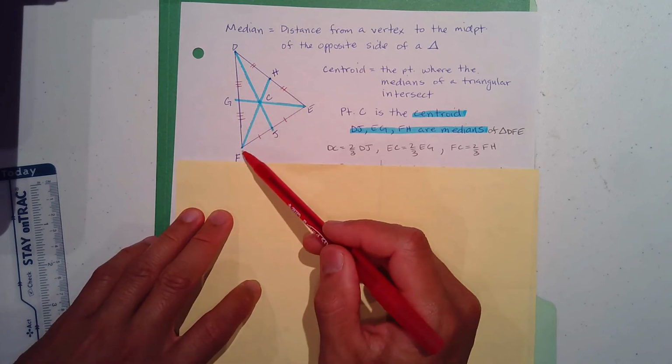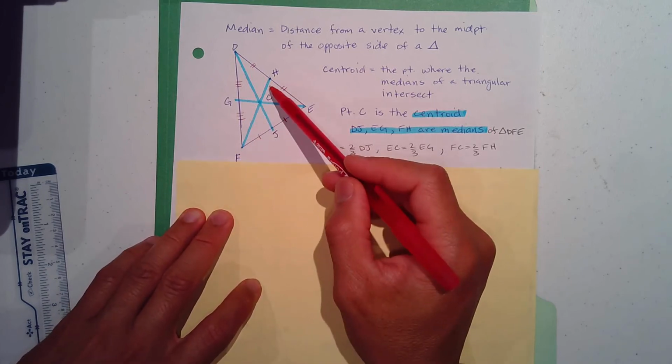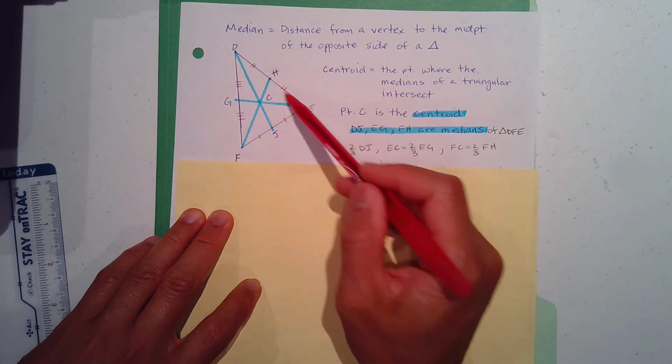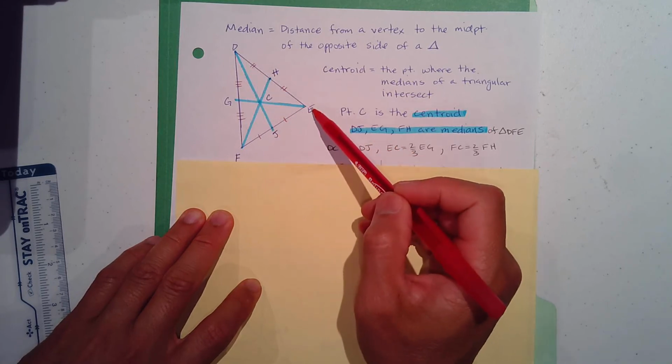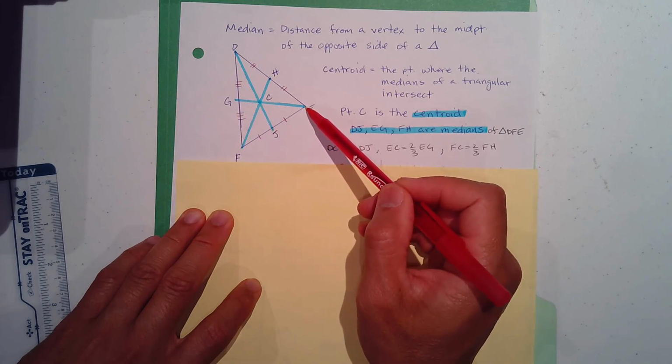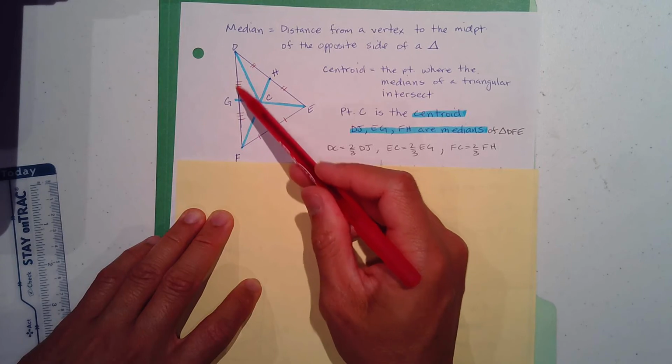FH is also a median because here's the vertex all the way to the midpoint of the opposite side. And EG is also a median because it's from the vertex to the midpoint of the opposite side of the triangle.